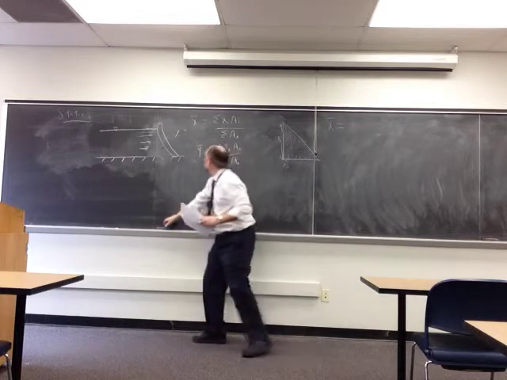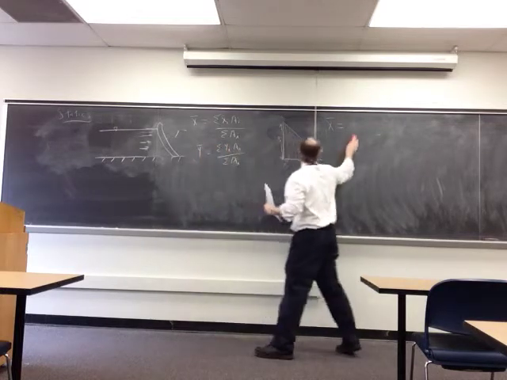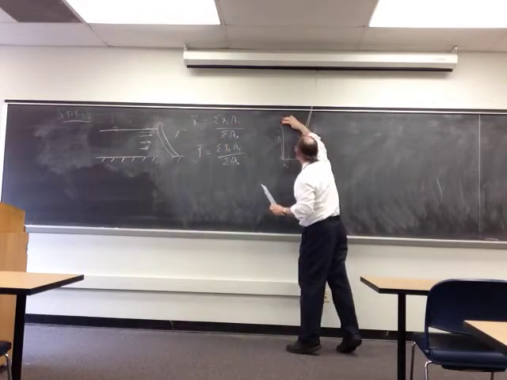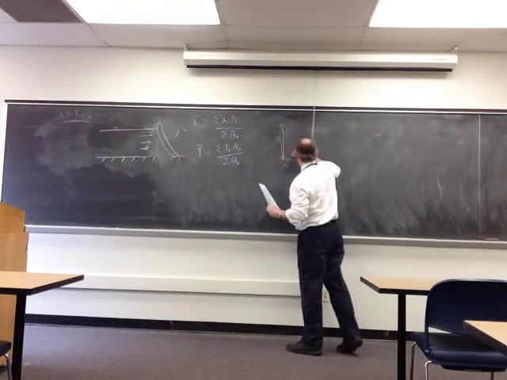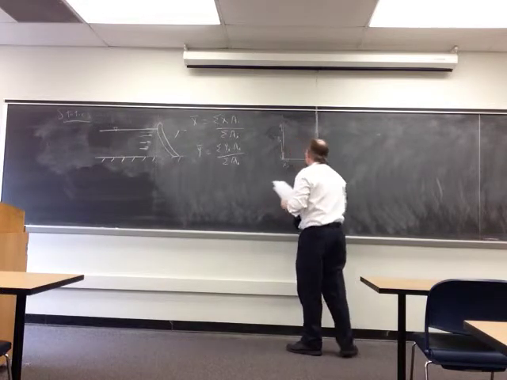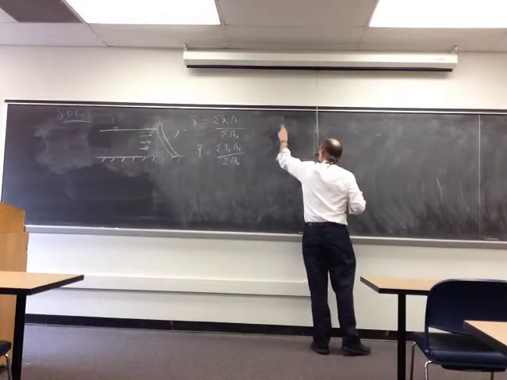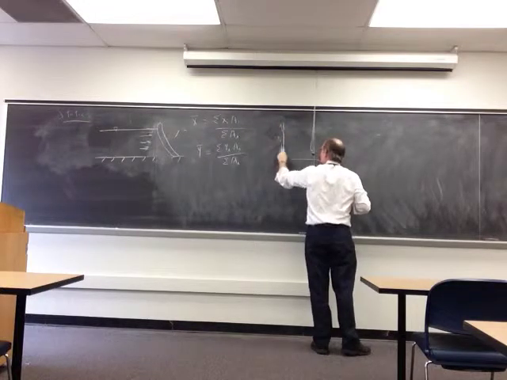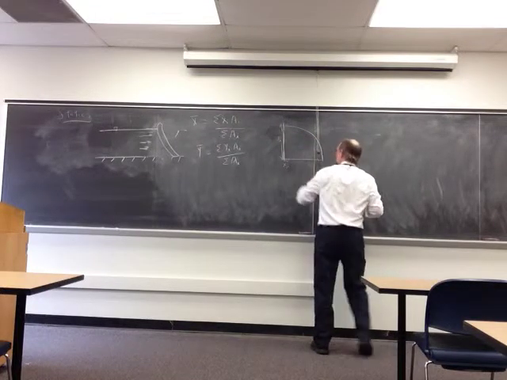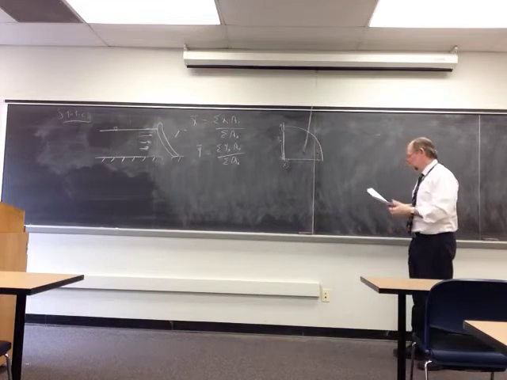So let's look at something that's not quite so simple as a triangle. Let's say we have some object that's sort of a semicircle.